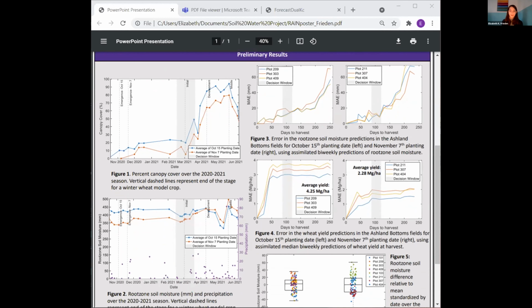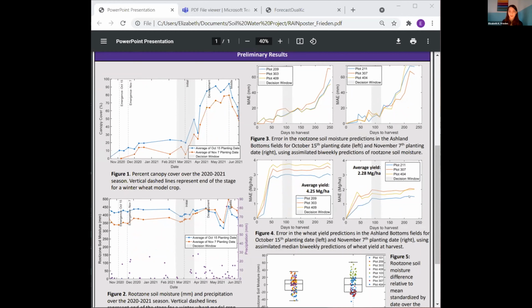But producers are more interested in the final harvest wheat yields. Ideally, we'd like to predict the final wheat yield accurately before the decision window as well, in order to determine whether the application of the increased nitrogen fertilizer is worth its cost. Figure 4 shows this error in the harvest wheat yield over time.